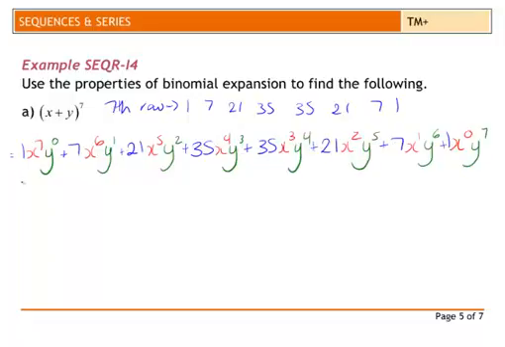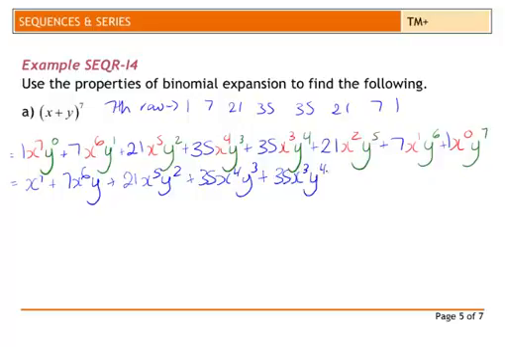Okay, neaten it up. y to the 0 is just 1, so it's x to the 7 plus 7x to the 6 y plus 21x to the 5 y squared plus 35x to the 4 y cubed plus 35x cubed y to the 4 plus 21x squared y to the 5 plus 7x y to the 6 plus y to the 7. Much easier, I think you'll agree.